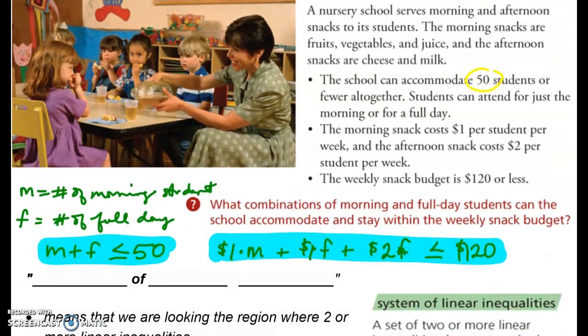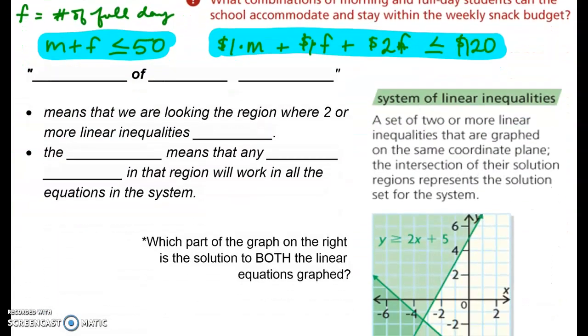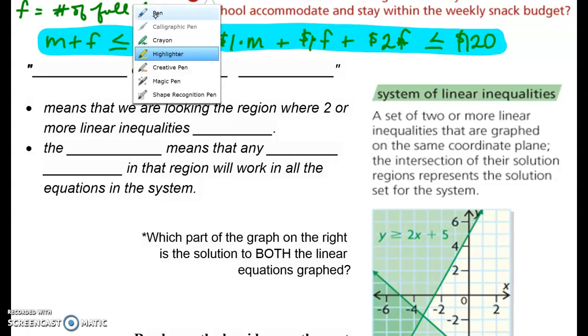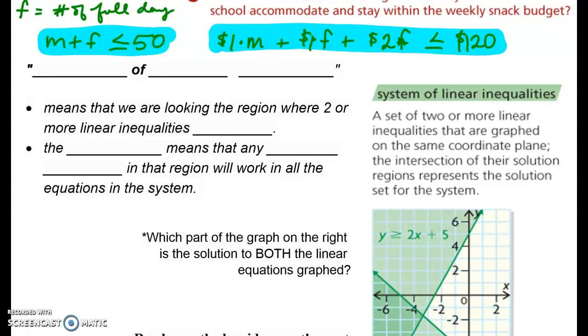Let's move down here. We say systems of linear inequalities means that we are looking for the region where two or more inequalities overlap.